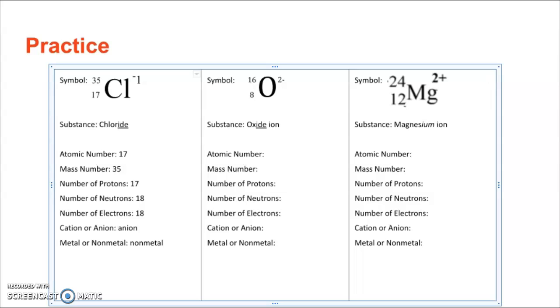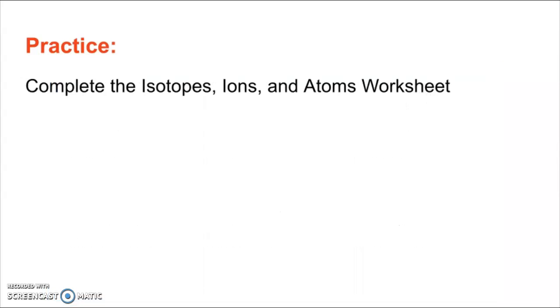All right, welcome back. I hope you guys have filled out this chart. If you have questions, please raise your hand and make sure that you have checked the chart on the solution station to make sure that you're getting the right answers. Now that you have completed your chart, I want you to complete the worksheet that you picked up at the front of the classroom on your way in that says isotopes, ions, and atoms.